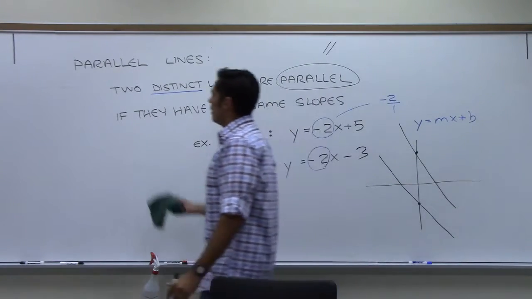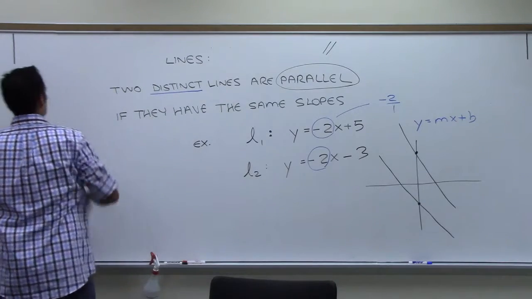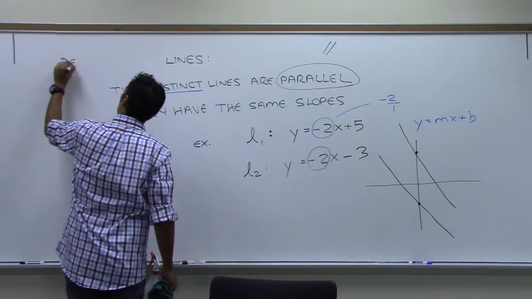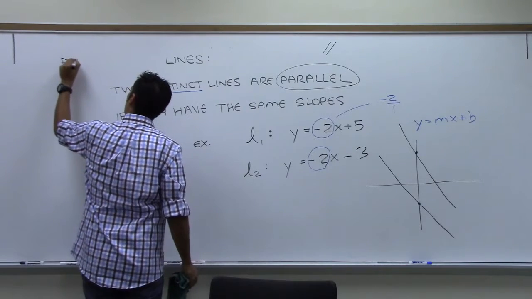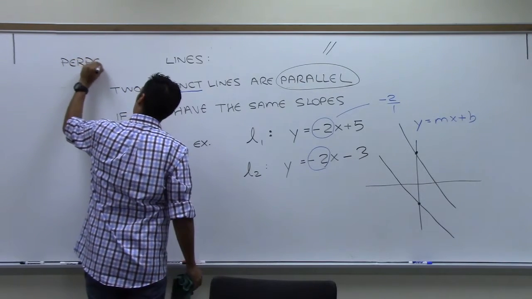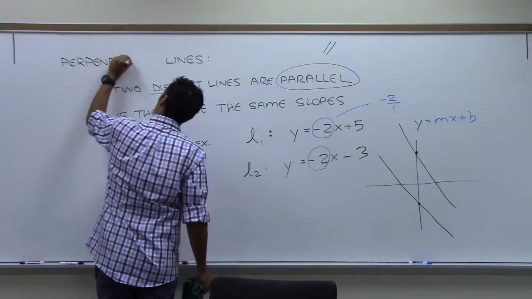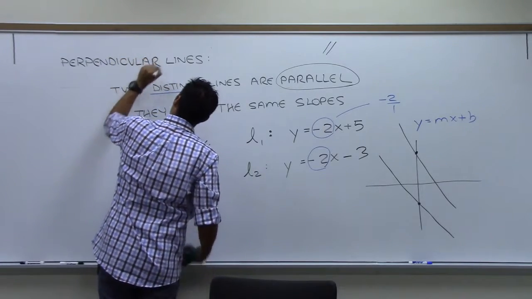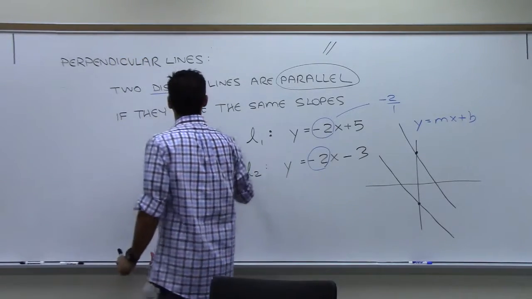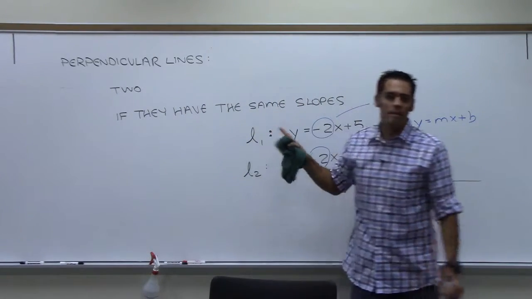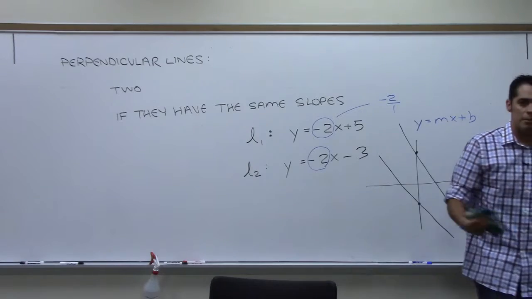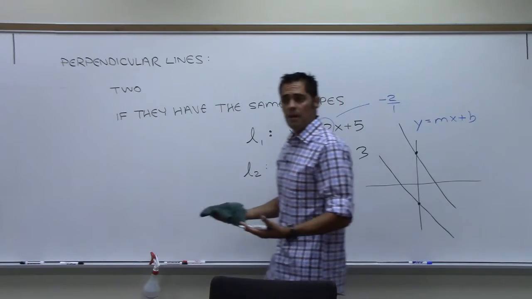Now, what about perpendicular lines? They intersect at a 90-degree angle, right? So what's the definition? Well, just like with parallel, when it came down to defining what it meant, we used the slopes to define parallel, right?